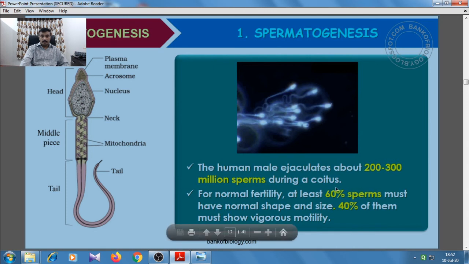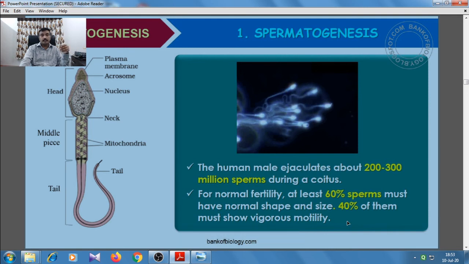Of these, at least 60% should have normal shape and size for the process of fertilization. So if fertilization is to take place, out of the sperms ejaculated, 60% should have normal shape and size, and out of the 60%, 40% of them must show vigorous motility.